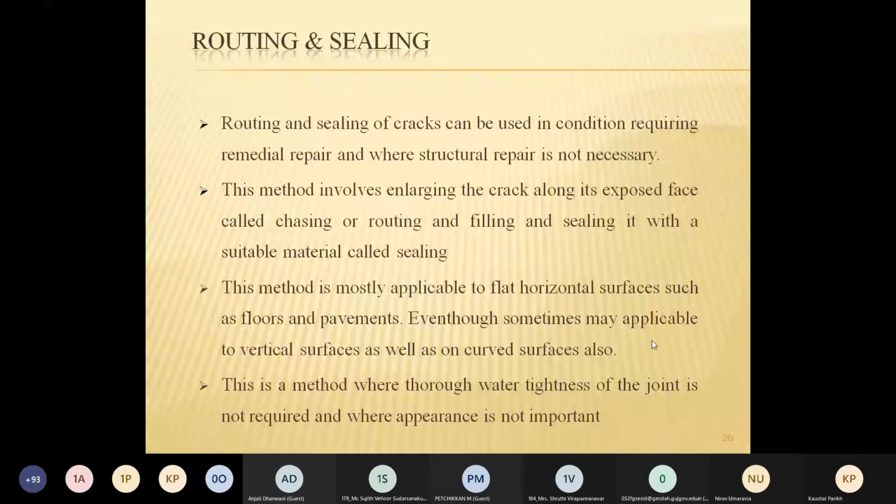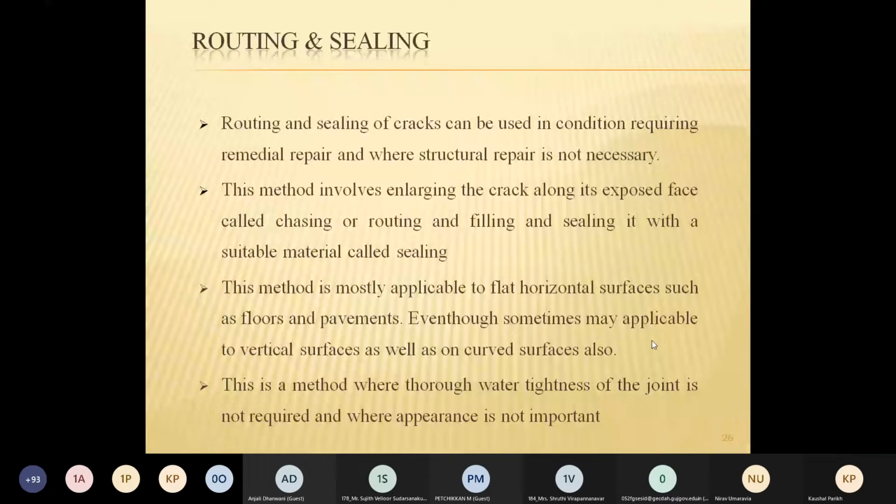This can be used in conditions requiring remedial repair or when structural repair is not necessary. This method involves enlarging the crack along its exposed face, called chasing or routing, and filling and sealing it with a suitable material, which is called sealing.